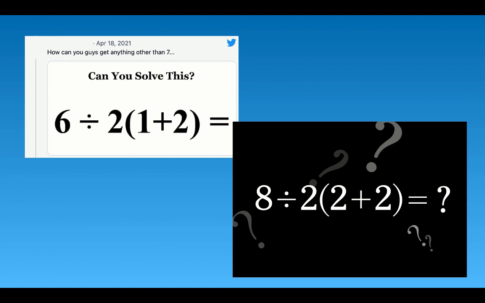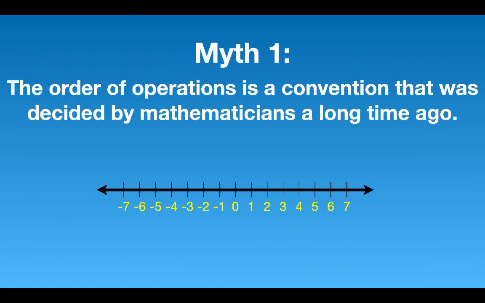So let's get started. The first is that the order of operations is a convention that was decided by mathematicians a long time ago. I'm not sure where this myth got started, but as it turns out, the debate about what the order of operations should be is actually less than 100 years old. And in terms of mathematics, which has been around for thousands of years, that's really not that long ago.